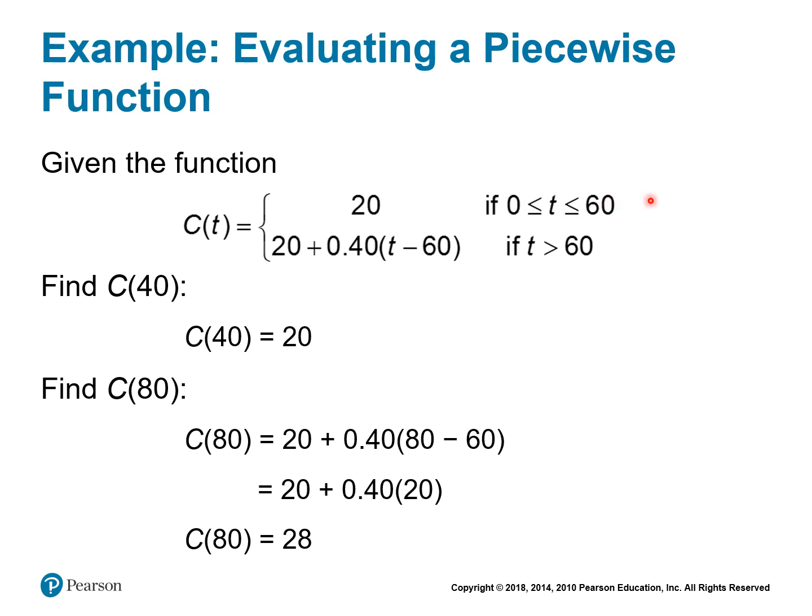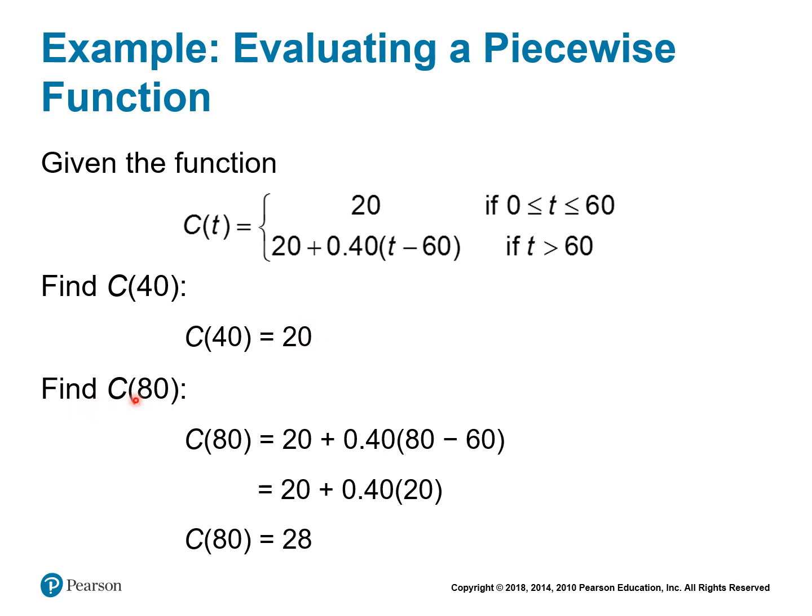It's a value between 0 and 60, so we have to pick the corresponding function that goes with this interval of t values, and we write C of 40 equals 20. Over here, this is a constant value. There's no equation for us to plug in and evaluate. It's a constant value, so we just write 20.